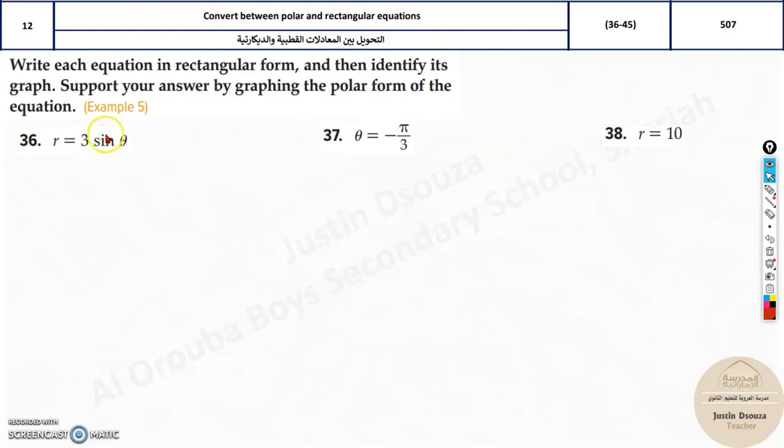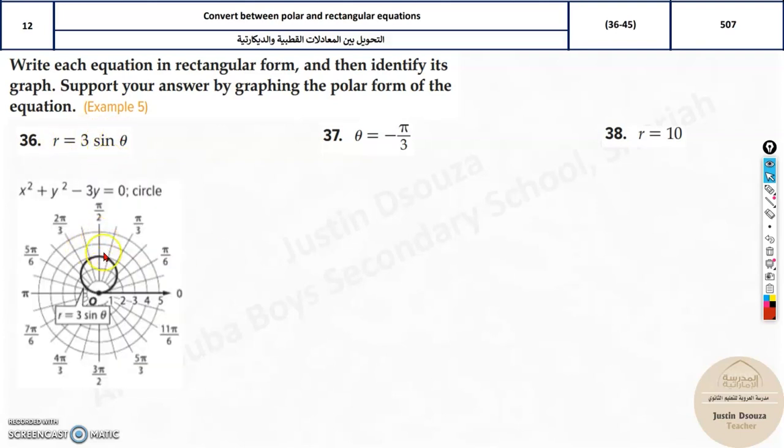Similarly, you can solve this. Now, if you had watched the last video, topic number 11, and if you've not watched it, I would highly recommend you to pause the video, go back and watch it. You might recall that if you see certain equations such as r equals a sine theta, it's a circle graph on the vertical axis upside because this is positive.